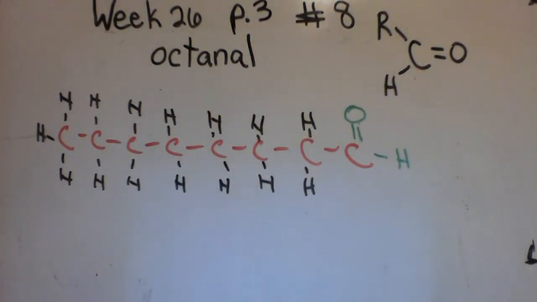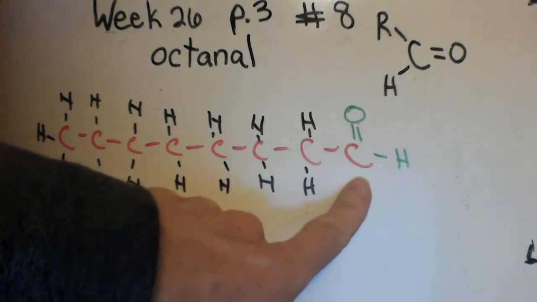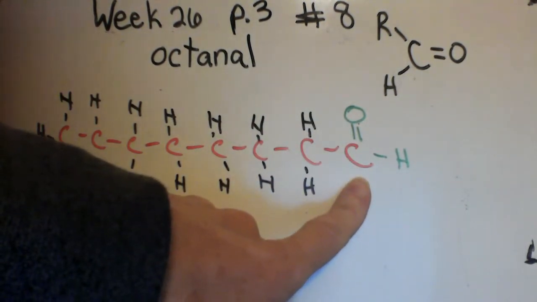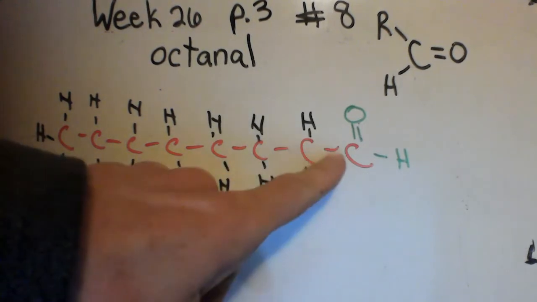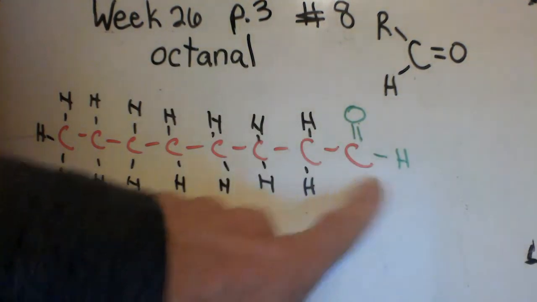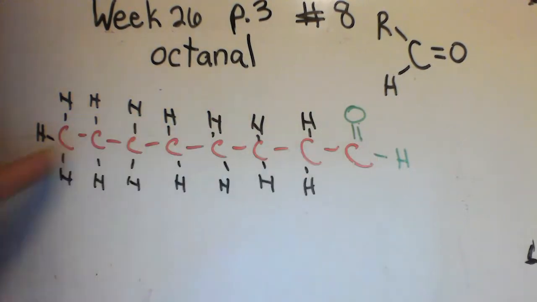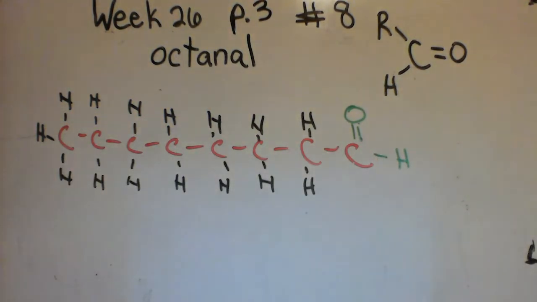A couple things to notice. One, this carbon doesn't have a hydrogen coming down from it because it already has 4 bonds: 1, 2, 3, 4. Another thing to notice is that the carbon that's attached to the carbonyl group is counted as part of the 8 carbons in the parent hydrocarbon chain.